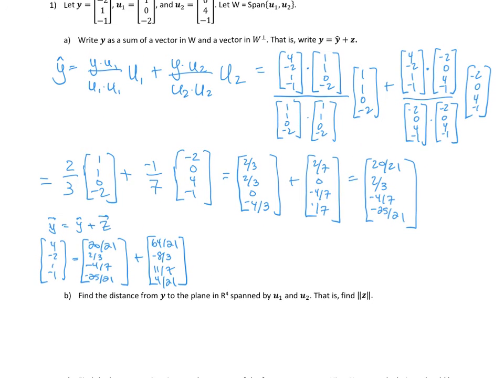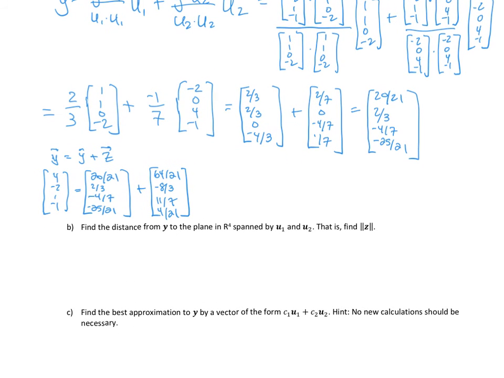Okay, part B, find the distance from y to the plane in R4 spanned by u1 and u2. So that is find the length of z. The length of z is the square root of z dot z.